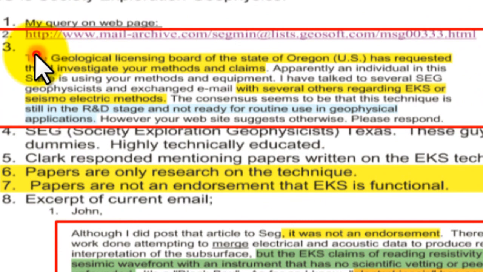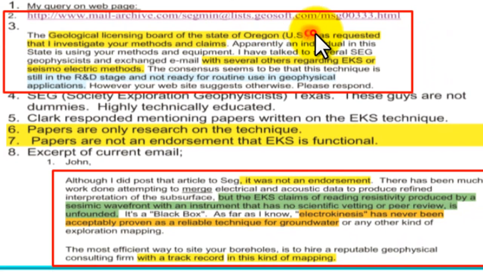Here is a web page address that's still viable. Geological Licensing Board of the State of Oregon has requested that I investigate your methods and claims. Currently, an individual in this state is using your methods and equipment.